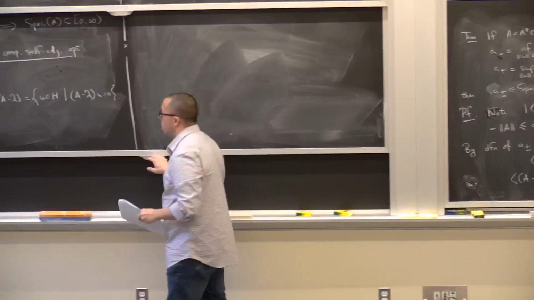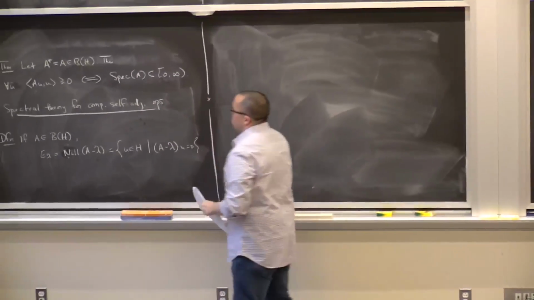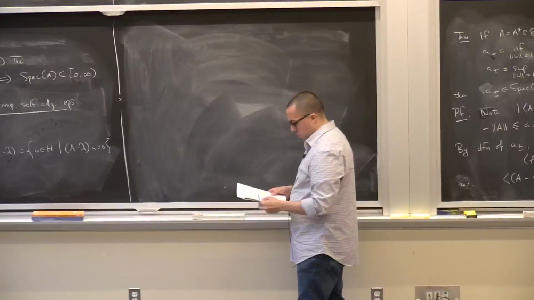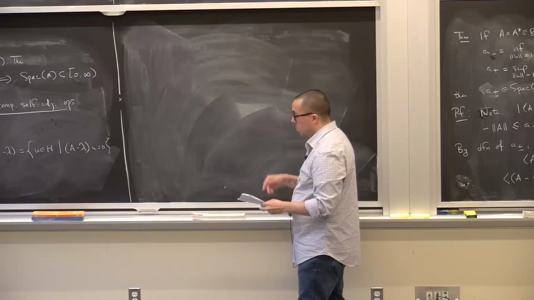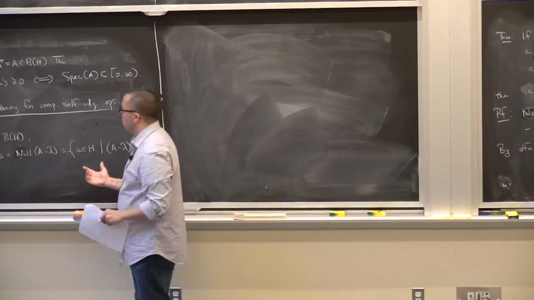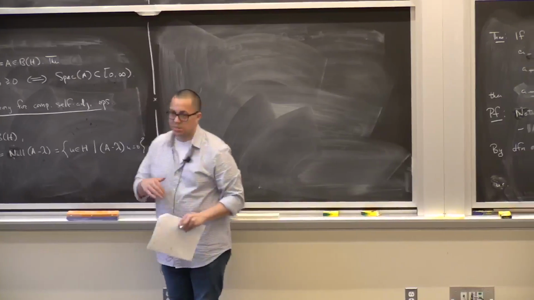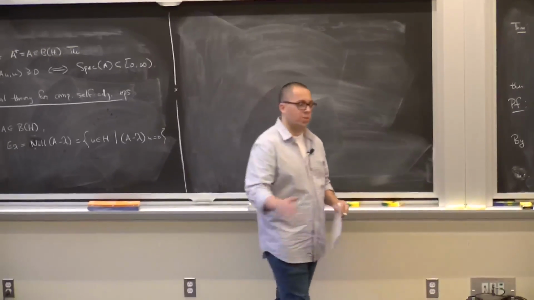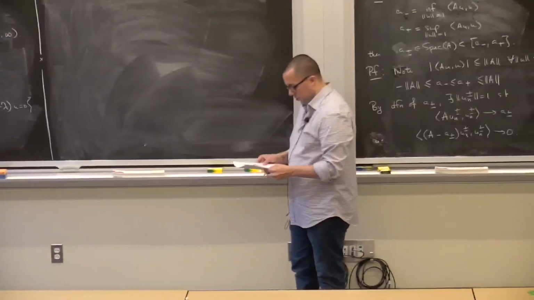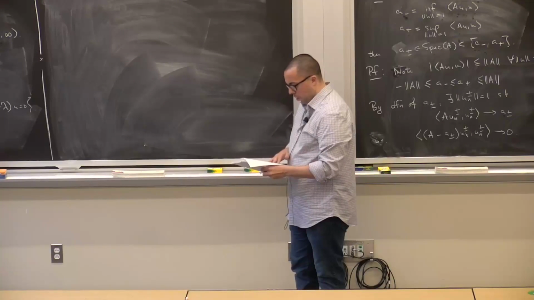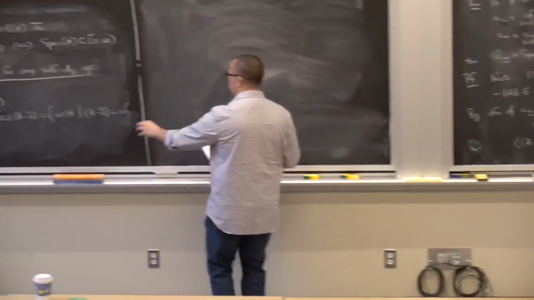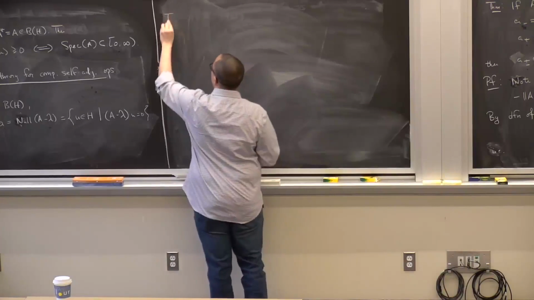All right, so first off, before we get to classifying the spectrum of a compact self-adjoint operator as basically consisting of eigenvalues along with 0, we'll first give some general properties of eigenvalues for a compact self-adjoint operator.